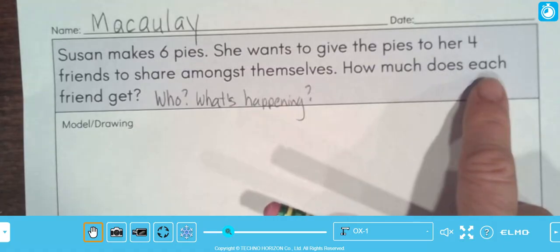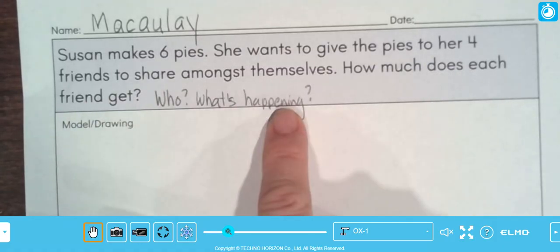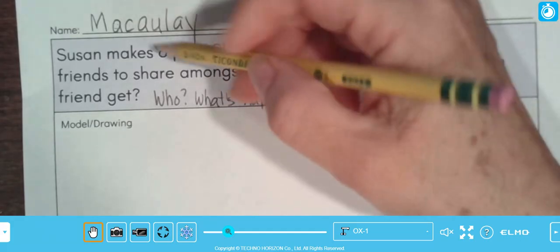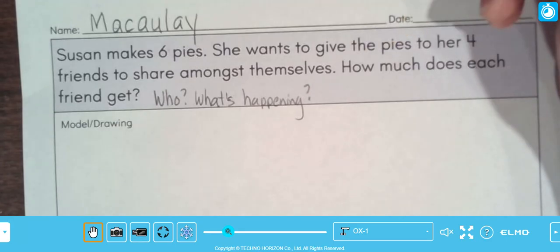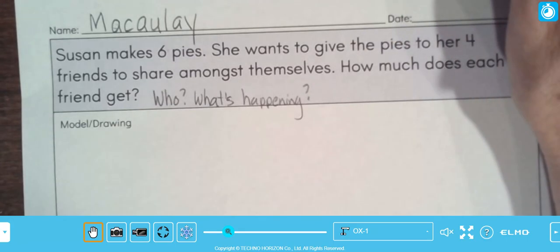How much does each friend get? All right, so what's happening with Susan? Well, she's making pies and she wants to give them to her friends to share fairly.